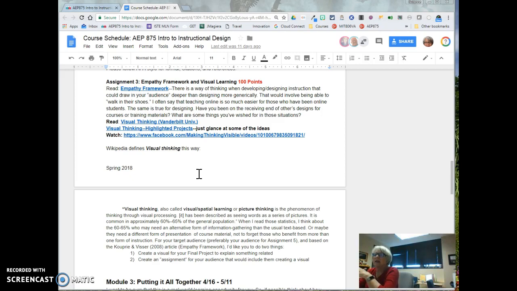The whole thing is called visual thinking. It's also known as visual spatial learning or picture thinking, as it was stated here. And this quote says it's been described as seeing words as a series of pictures. It's common in approximately 60 to 65% of the general population.